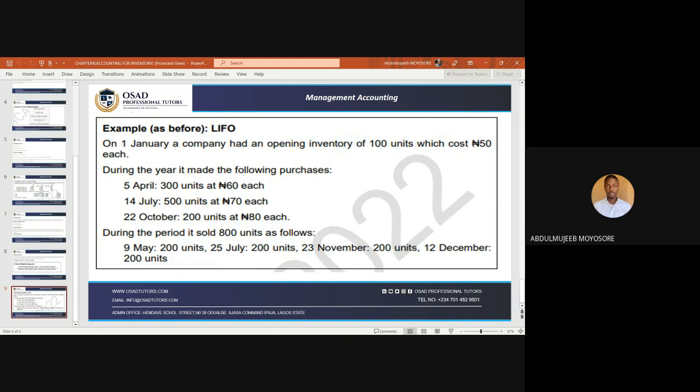Let me do an Excel sheet. We'll make use of an Excel sheet using my screen.